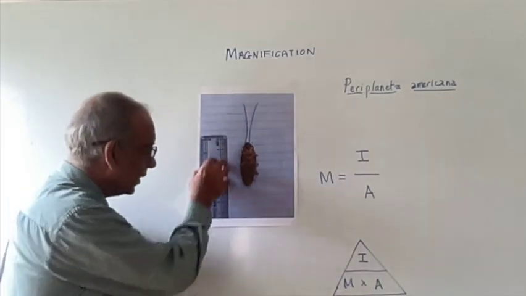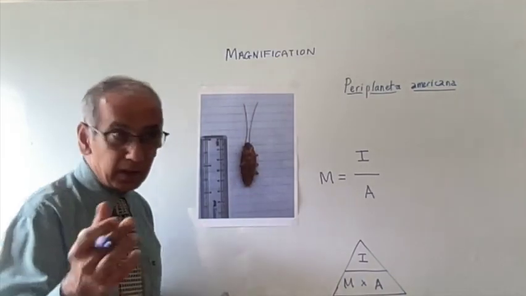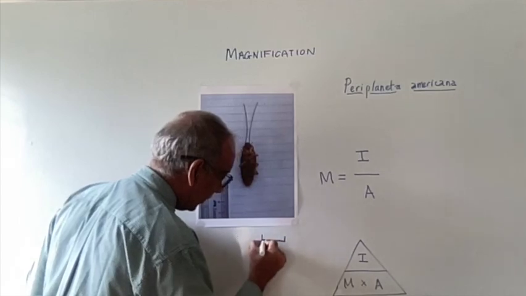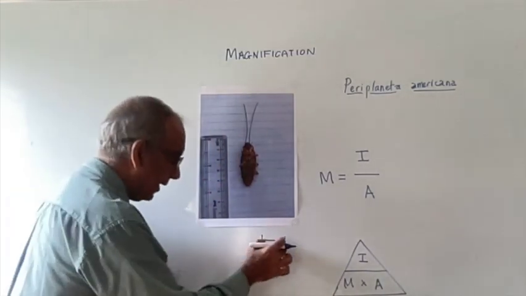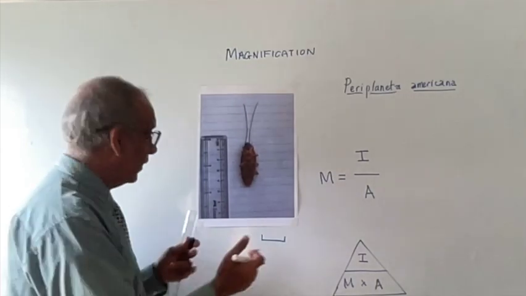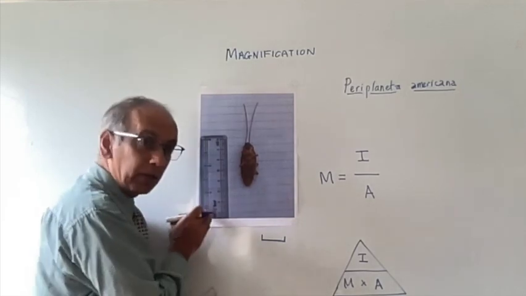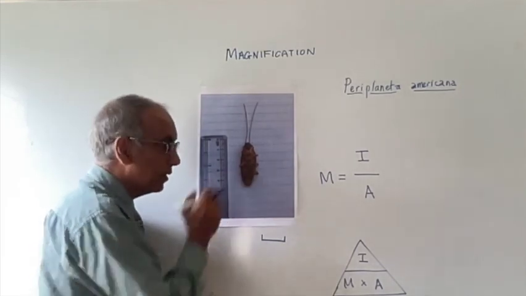So what this really is, it's equivalent to when you see on an image a little scale like this at the bottom and some value written on it. That is where you actually need to go to figure out your magnification, because whatever has been done to our scale here, our ruler, the same magnification applies to the cockroach.